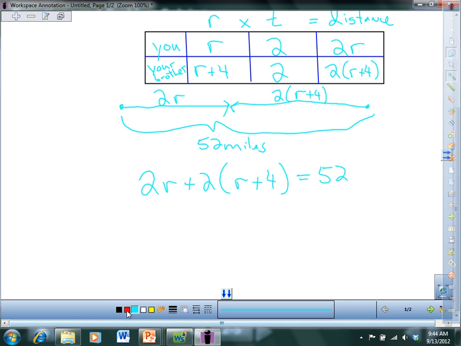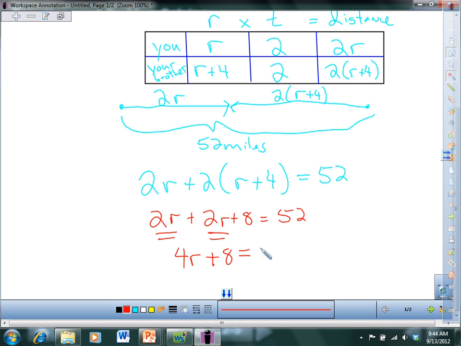Now I do the algebra, okay? 2r, I distribute this, I get plus 2r plus 8 equals 52. I combine my r terms, which gives me 4r plus 8 equals 52.